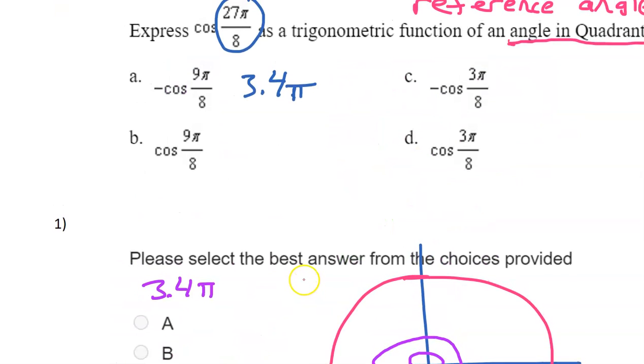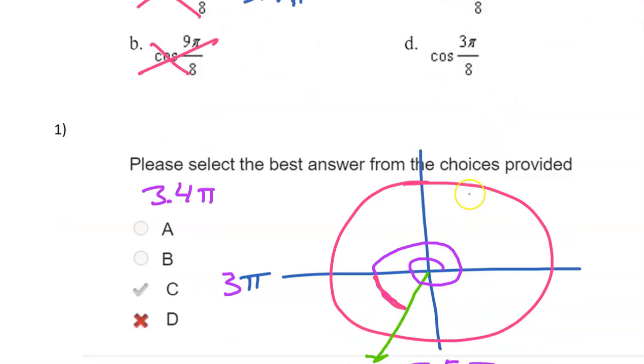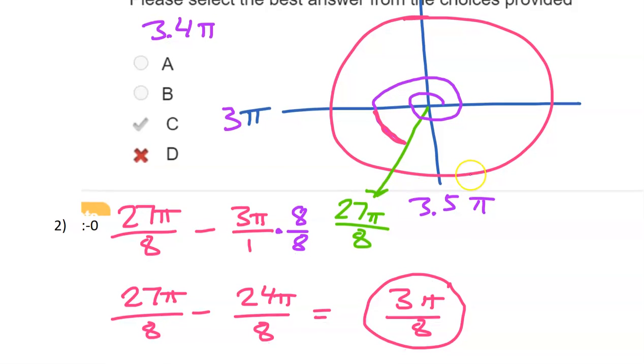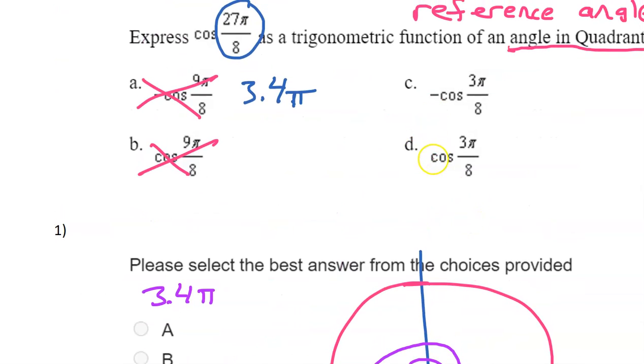Okay, so we can now eliminate option A and option B, which have the wrong reference angle. So it's either going to be C or D, which have the 3 pi over 8. The only question is, will it be a positive cosine 3 pi over 8 or a negative cosine 3 pi over 8?